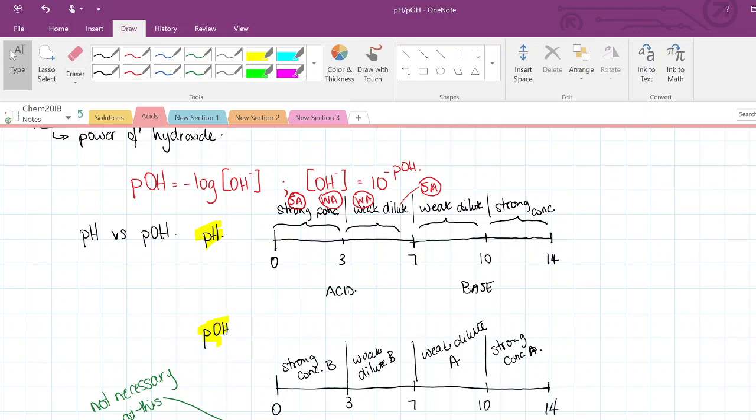Now, if we have a pH of 7 to 10, generally say this is a weak base. So this could be a weak base, or it could be a diluted strong base. And pH of 10 to 14, this could be a strong base or a concentrated weak base.